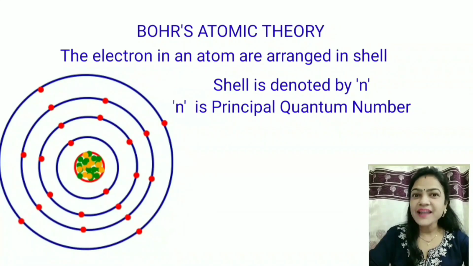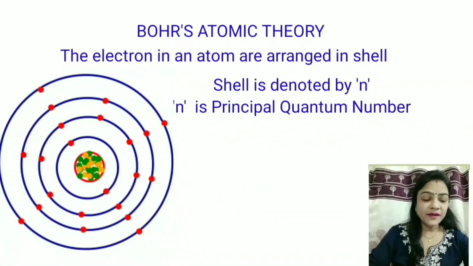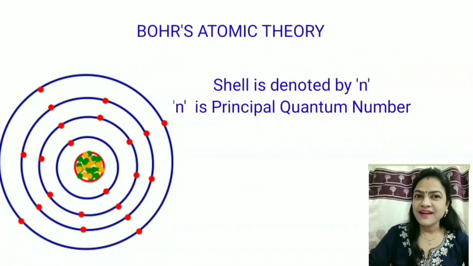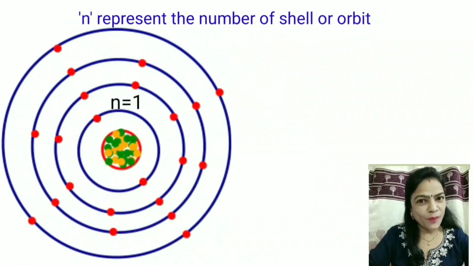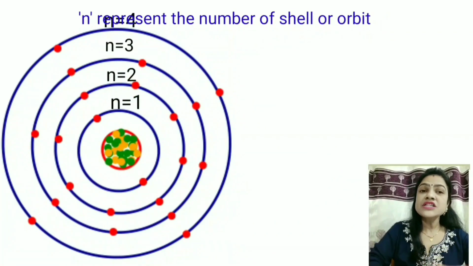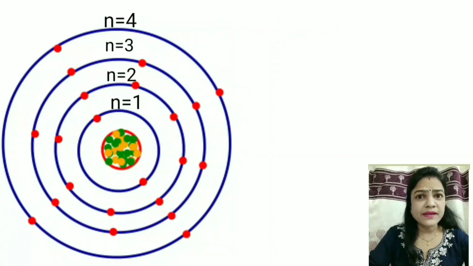And what is n? n is called the principal quantum number, where n represents the number of orbits. A shell is also represented by alphabets, as I taught you in my last video, that is K, L, M, N and so on.